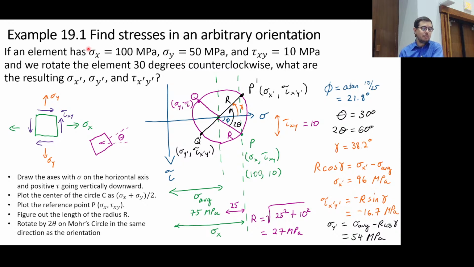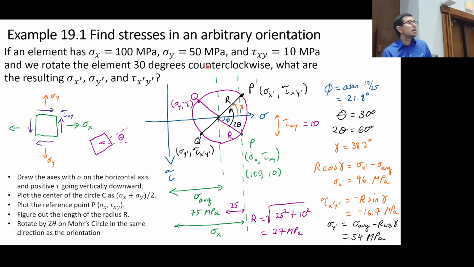If I had flipped this, if sigma x were 50 megapascals and sigma y were 100 megapascals, then my starting point would be somewhere out in this region. Does that make sense? Because the sigma average would not have changed. The sigma average would still be at 75 megapascals, but 50 is less than sigma average, so I've got to start over there. Okay, good question.